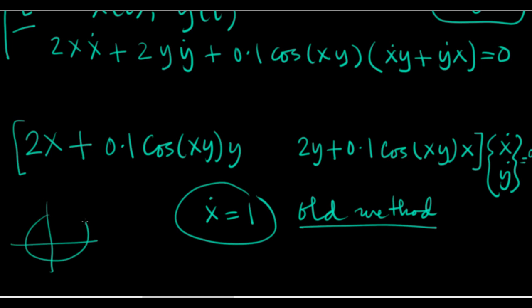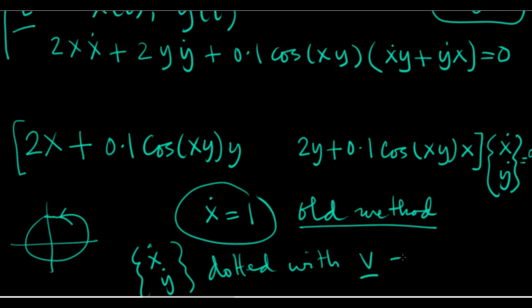So what is the new method? The new method is to say that this vector x dot y dot, dotted with some vector v, is equal to 1, where v is to be chosen.